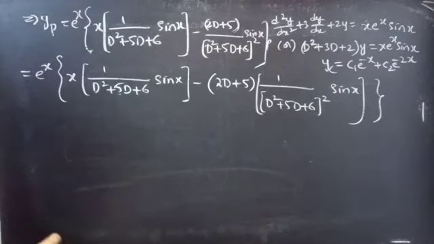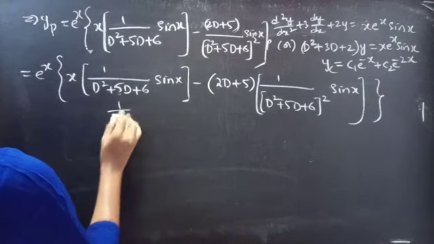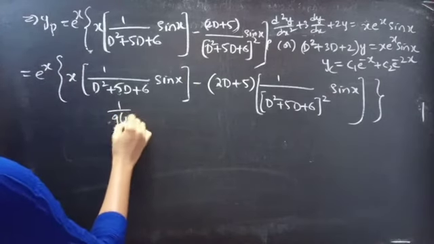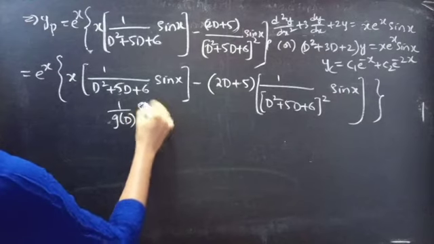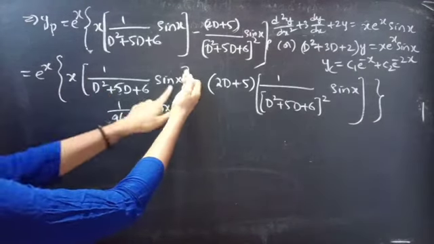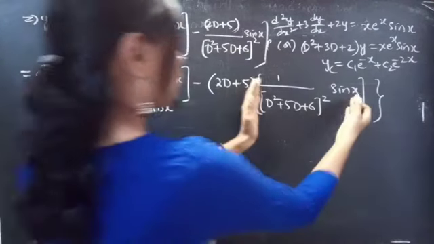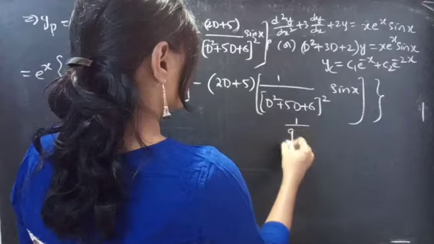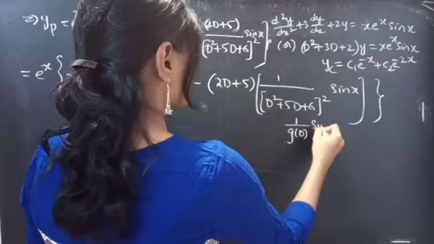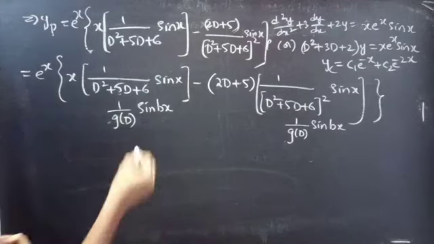Okay, so now we are going to use 1 by f of D or 1 by some function of D into sin bx form, right? This is of 1 by some function of D into sin bx form, so we are going to use this procedure here. And here also we are going to use 1 by function of D into sin bx procedure. Okay, let's go for it.